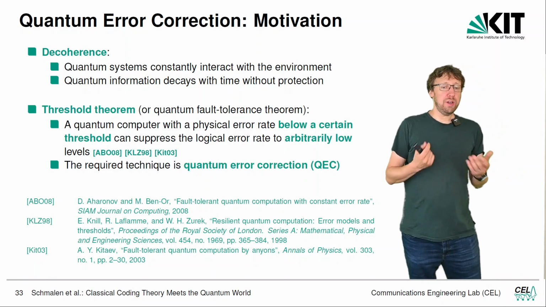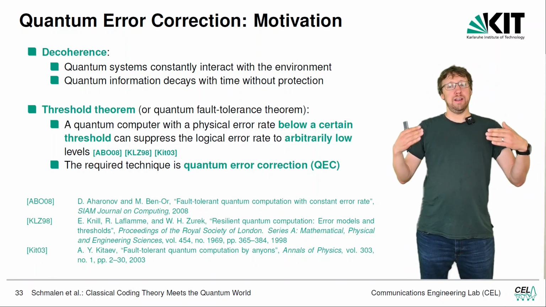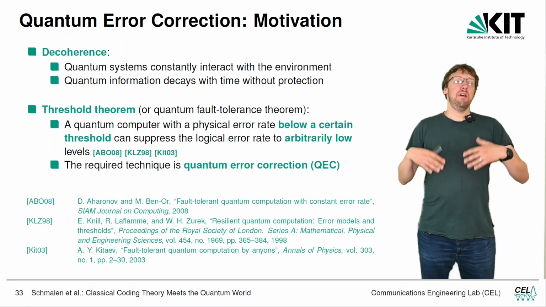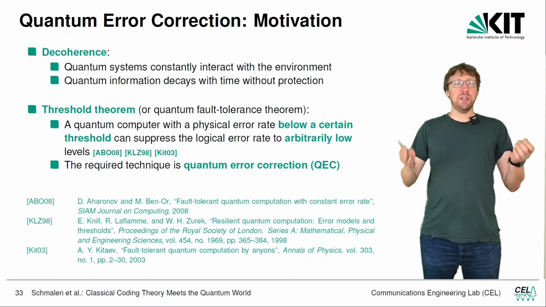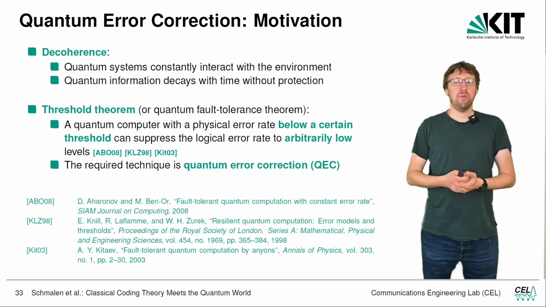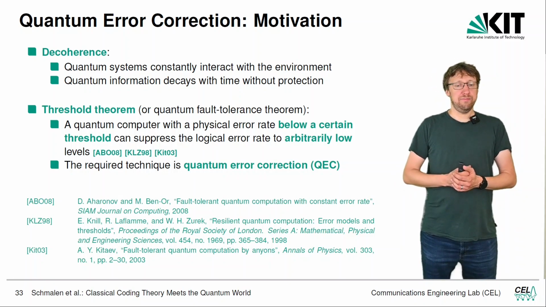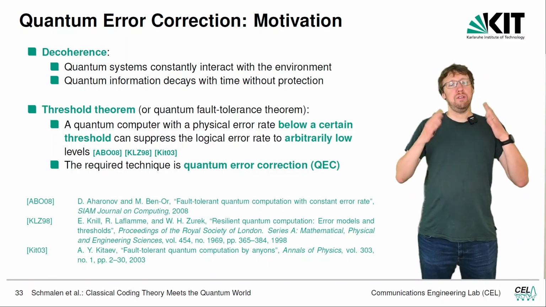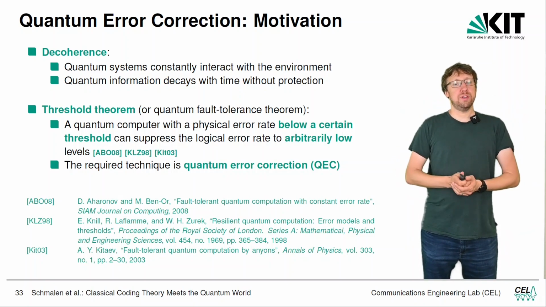And the threshold theorem says that for a quantum computer that has a physical error rate below a certain threshold, we can suppress the logical error rates by using quantum error correction, and we can get arbitrarily low error levels on the logical qubit level, which can be achieved if we use quantum error correction.